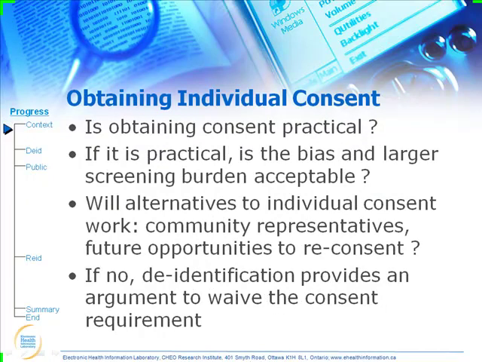So one way for the providers to disclose this information is to obtain individual consent for any of those purposes that I mentioned before. In some cases, it's permitted to disclose data without consent. In other cases, obtaining consent is required. So the first question you ask is whether obtaining consent is practical. And there are a number of reasons why this may be difficult.